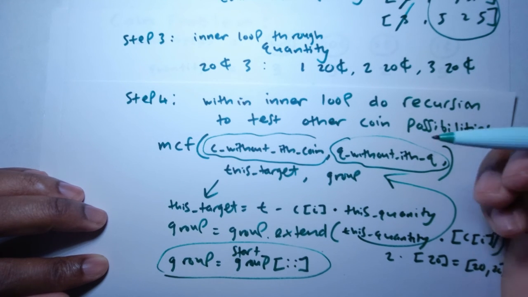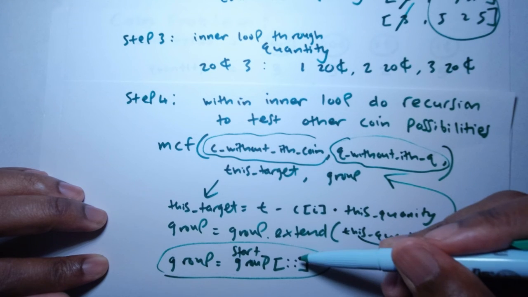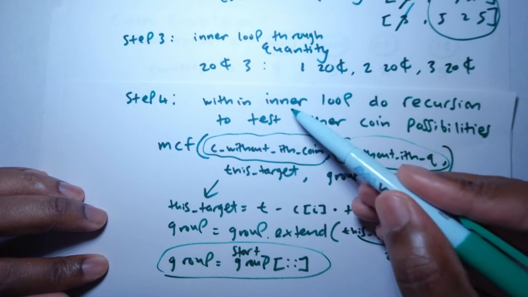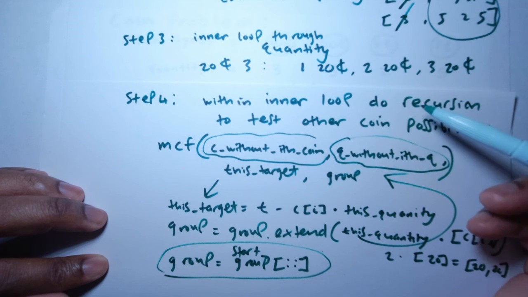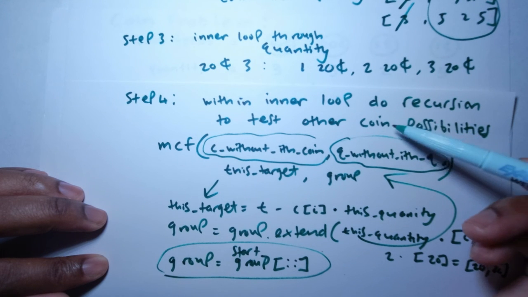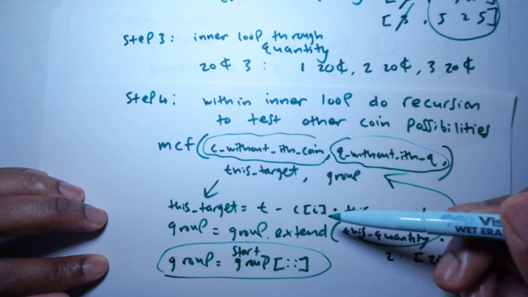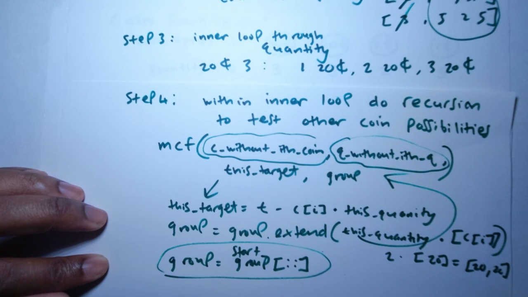Now you may be asking why. The reason why you want to reset the group is because here in step 4, you're looping through each of the quantities. So let's say in quantity 2, we choose 2 of the 20-cent coins. So we have that, right? The next time we come around, we then want to maybe choose 3.